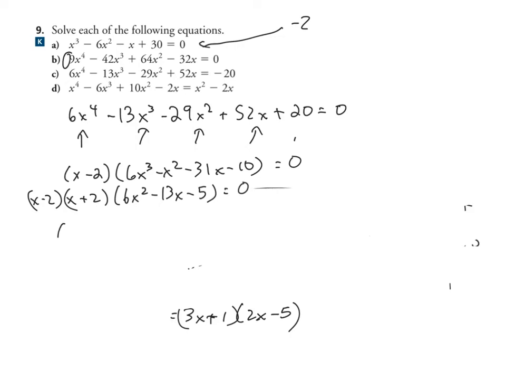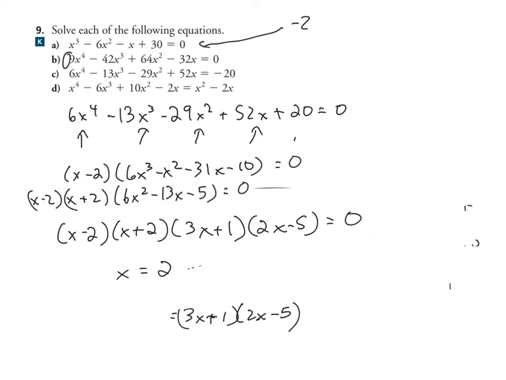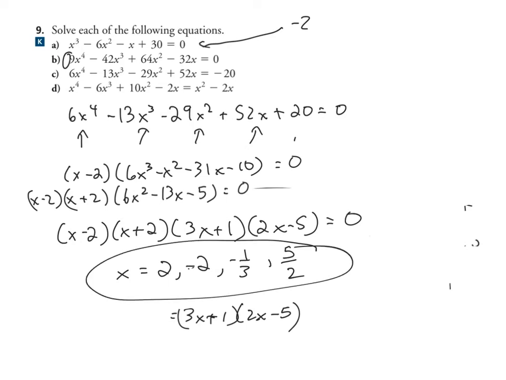We've got x minus 2, x plus 2, 3x plus 1, and 2x minus 5. That equals 0, so x must equal 2, negative 2, negative 1/3, and positive 5 halves. Okay. All right, that's part C.